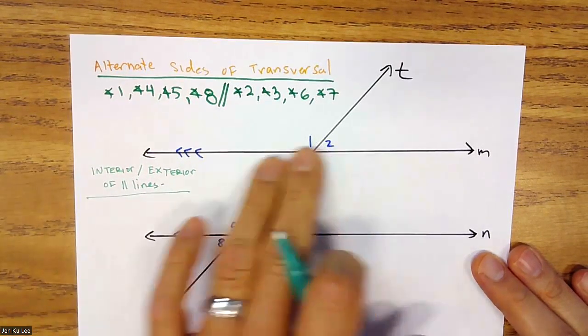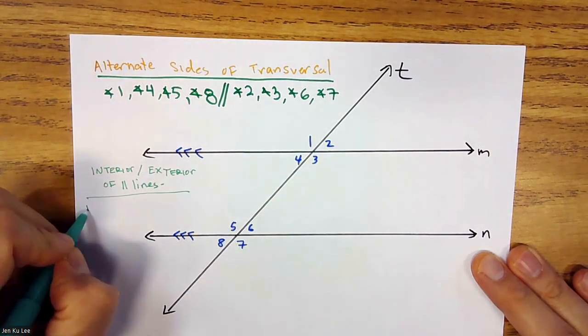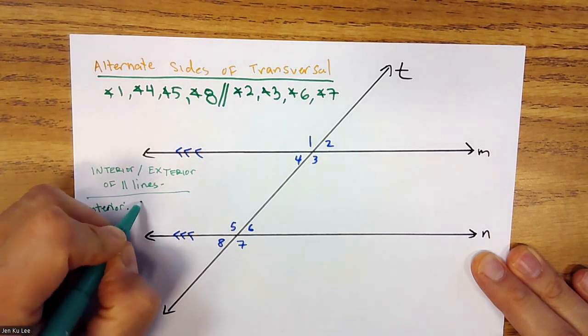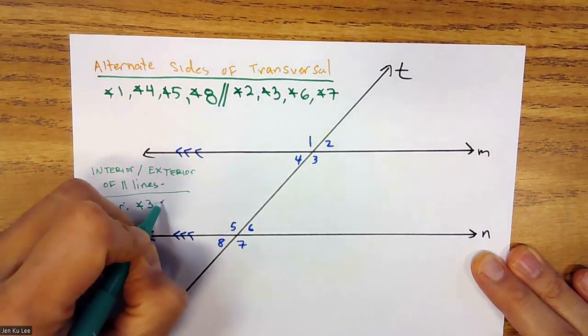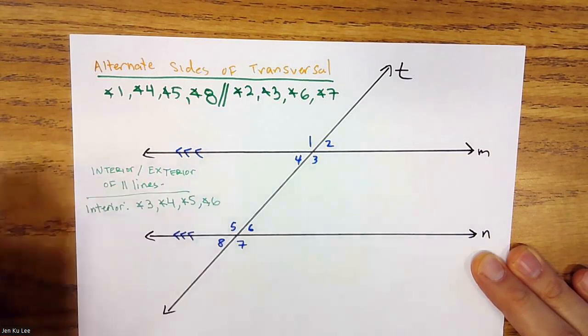If you look at the parallel lines, interior, we're talking about angle 3, angle 4, angle 5, and angle 6.